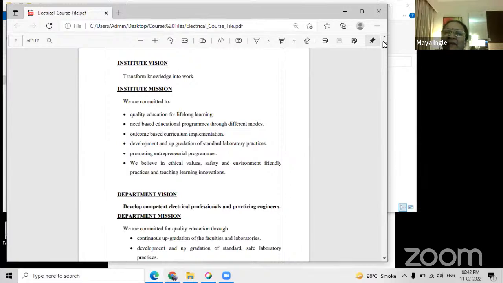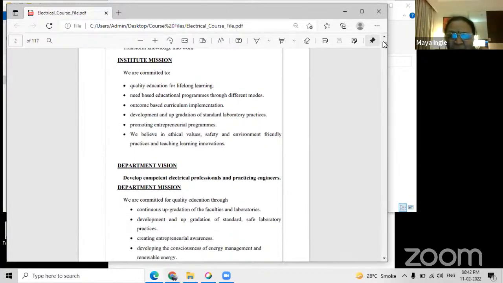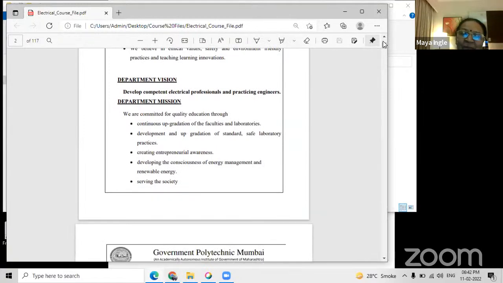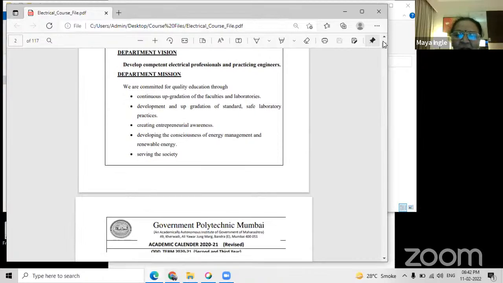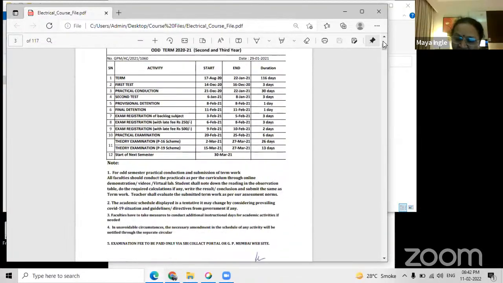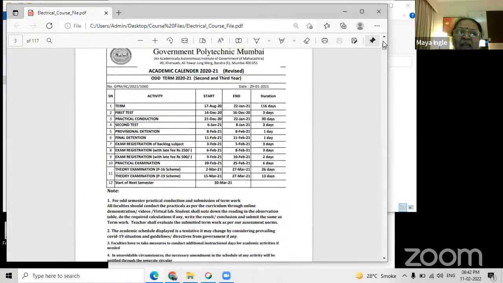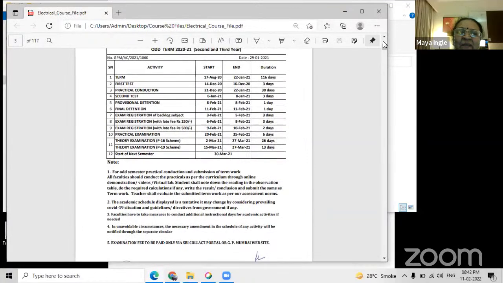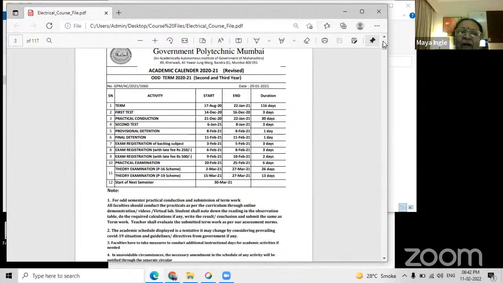But anyway, I'm going to talk about the example of the course file. So institute vision, then institute mission has been listed. Then the department vision, department mission, then this is the academic calendar. There are many ways to display or to prepare the academic calendar.